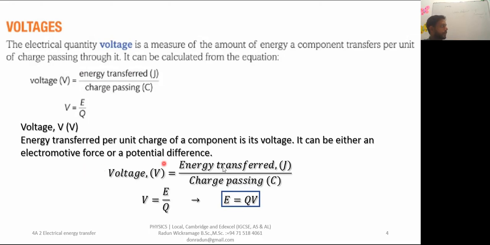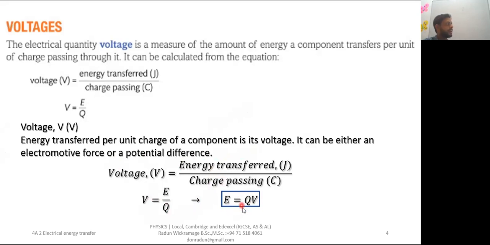You can copy it down here. So you can understand the definition of voltage as energy transferred per unit charge. The equation to remember is V is equal to E over Q. But it is a little difficult to pronounce and remember, right? So sometimes you just remember it like that.